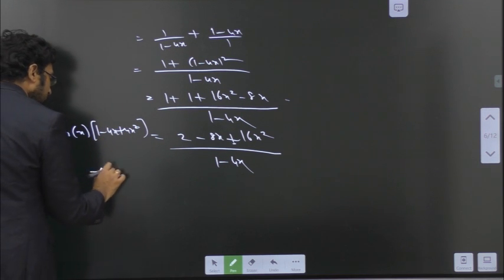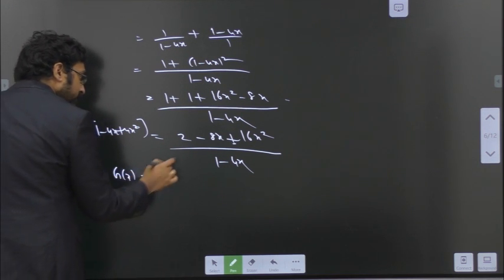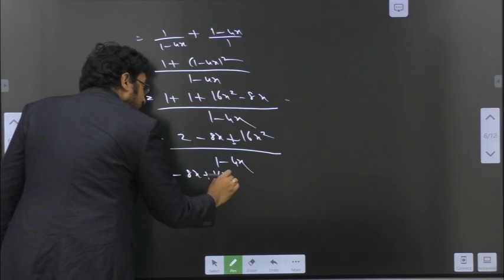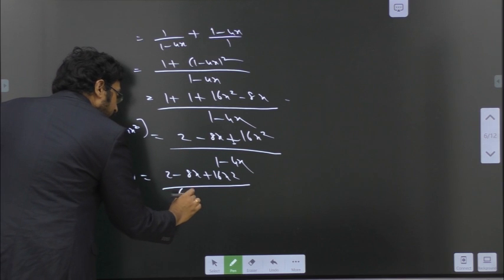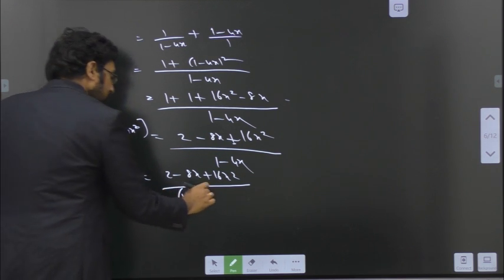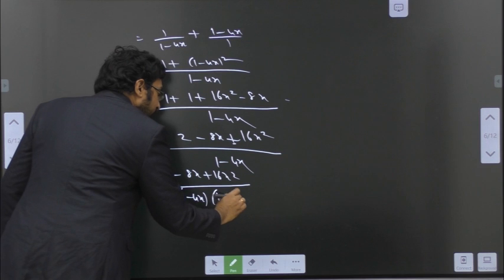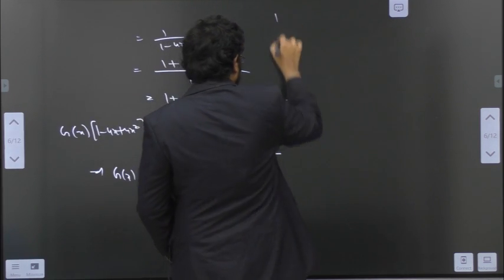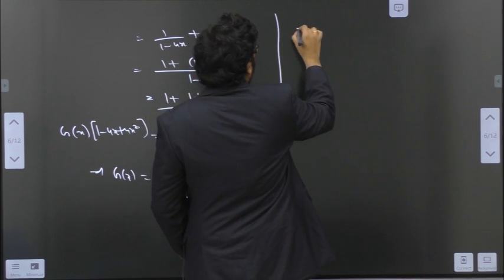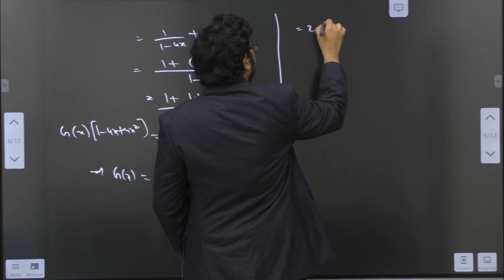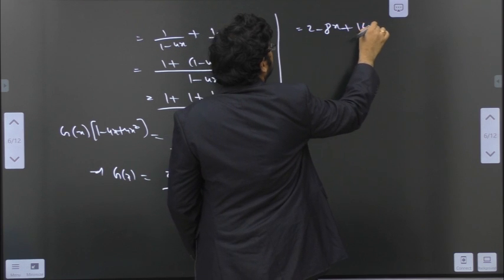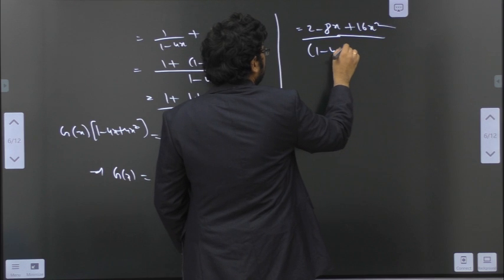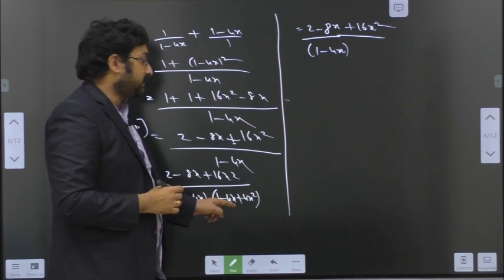Now that implies g of x equals 2 minus 8x plus 16x square by 1 minus 4x into 1 minus 4x plus 4x square. So it can be written as 2 minus 8x plus 16x square by 1 minus 4x into, here see, 1 minus 4x plus 4x square.